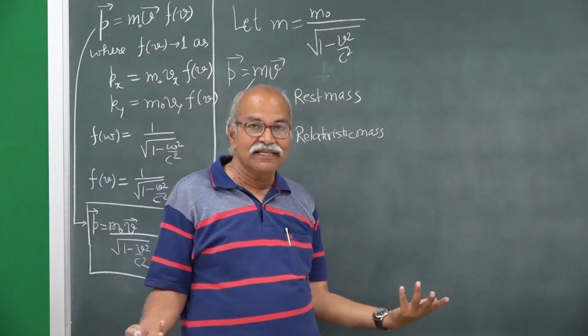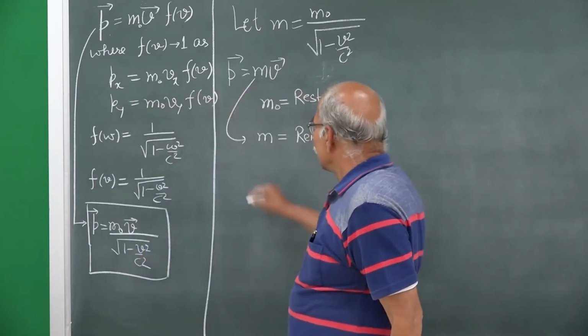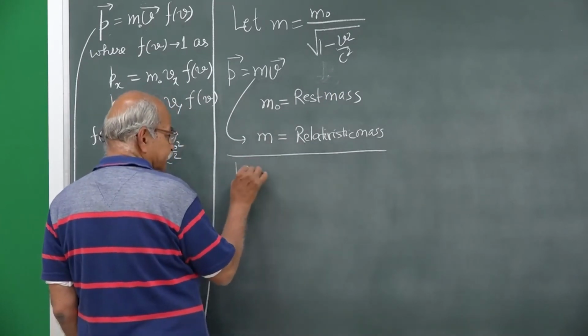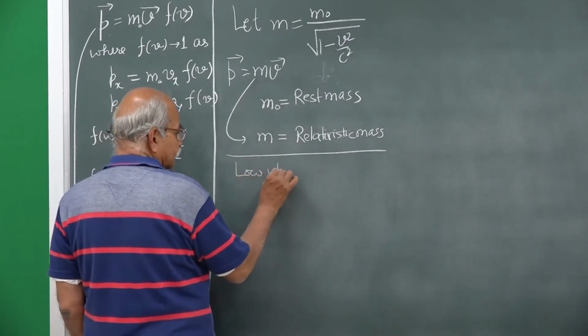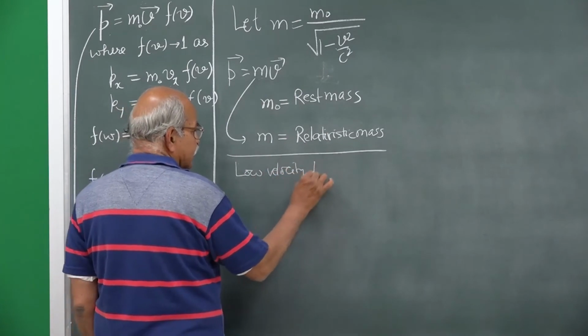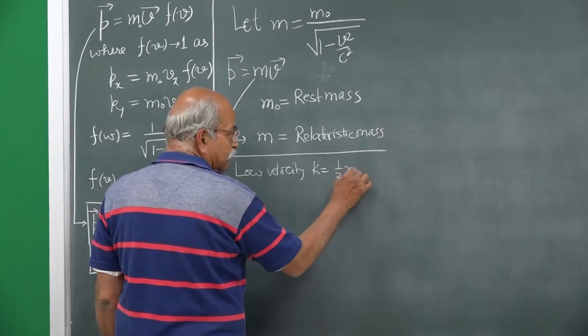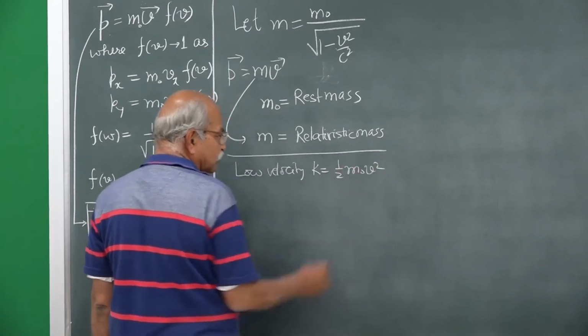The kinetic energy, for example, in Newtonian mechanics, at low velocity, is half m naught v square.